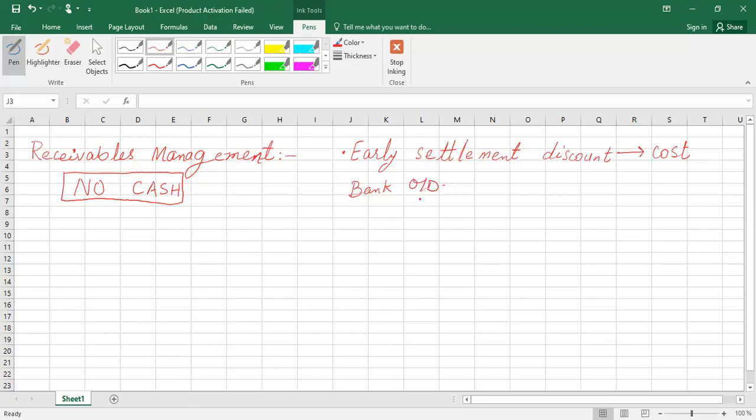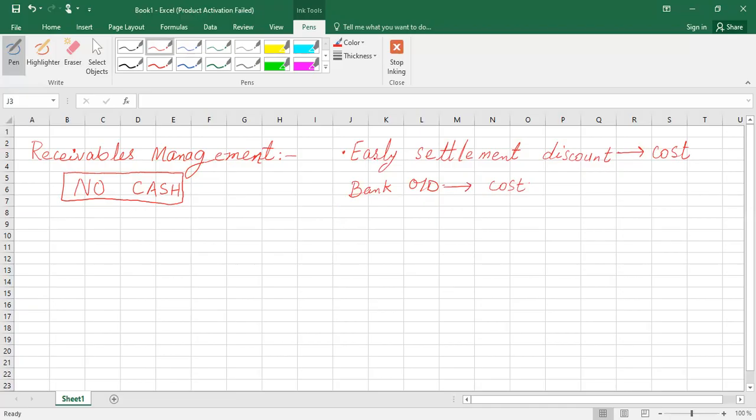So company would have to borrow from the bank overdraft, or alternatively, I would say that company is reducing its receivable and company will save its bank overdraft cost, because already company is using funds from the bank overdraft to finance its receivables. So bank overdraft interest is also a cost for the organization. Now company is comparing two costs.